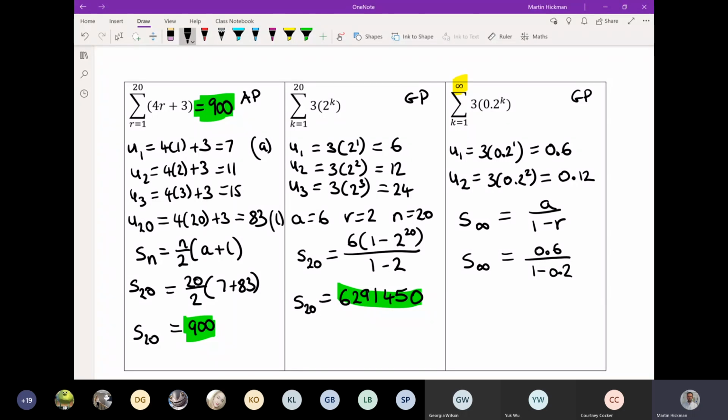You can look at the bit after the sigma sign and see that we're doing 3 times 0.2 to the power of k, so every time we're timesing by another 0.2 to get to the next term. So the sum to infinity will just be 0.6 divided by 0.8, we could probably do that without a calculator, we get 3/4.